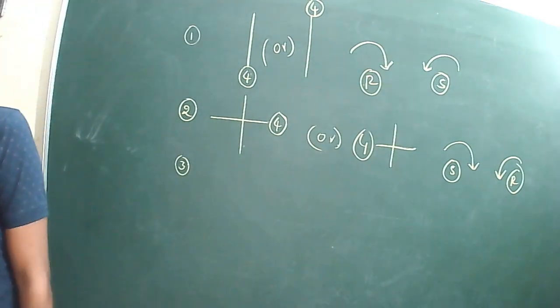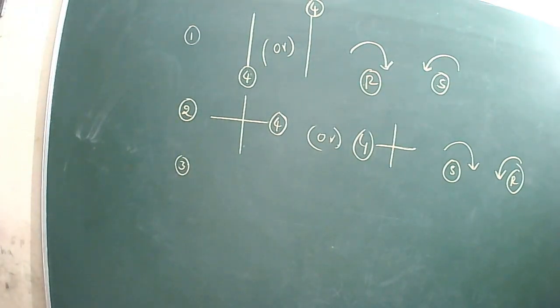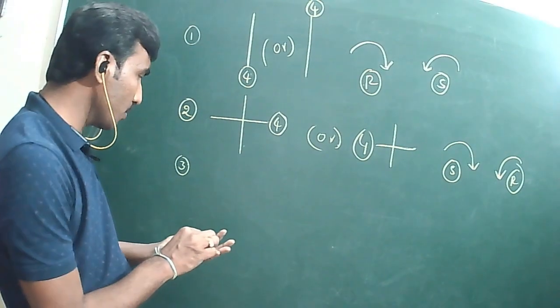Whereas when you go for wedge dash, it is with respect to the top priority group. The third case is very important.